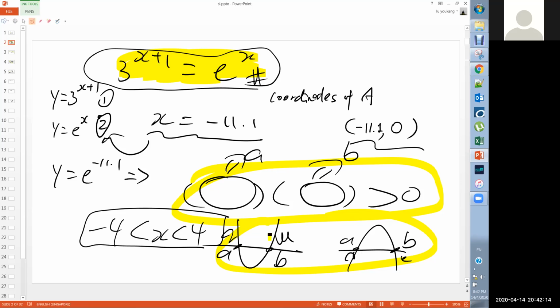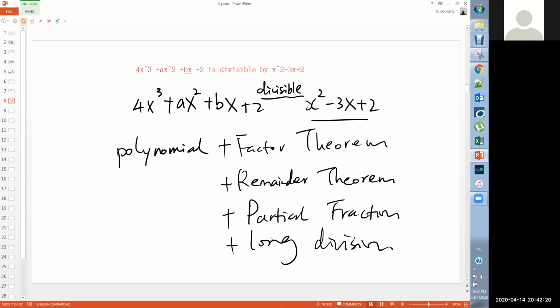Okay, so now can I move on to the previous question? Yeah. Okay, good. So over here, divisible means what? Which concept? Factor theorem. It means can factor, divide by. It's a factor, right? By the way, for this question, you need to use factor theorem because it says divisible.